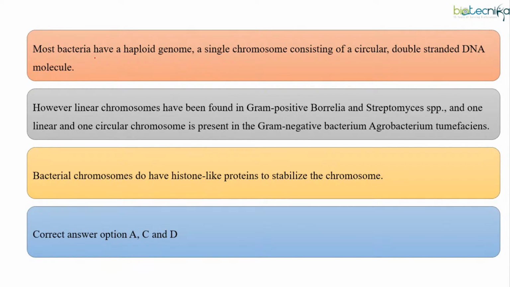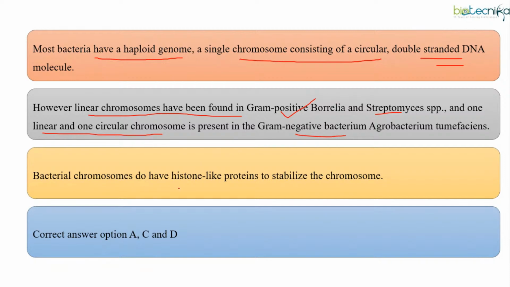Most bacteria will have a haploid genome, a single chromosome consisting of a circular double-stranded DNA molecule. However, linear chromosomes have been found in gram-positive bacteria like Streptomyces species, as well as Borrelia. One linear and one circular chromosome is found in the gram-negative bacterium Agrobacterium.